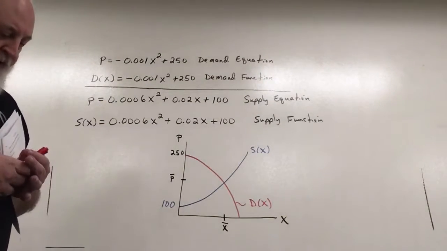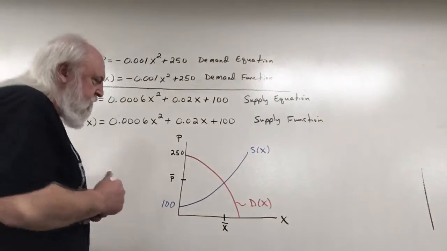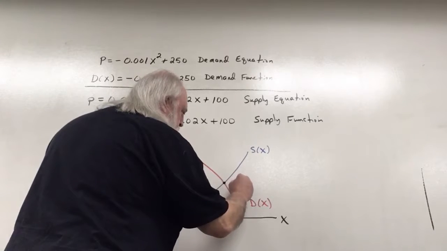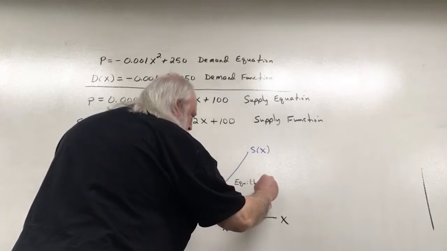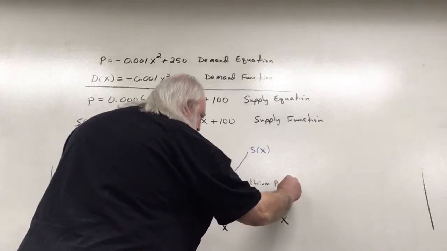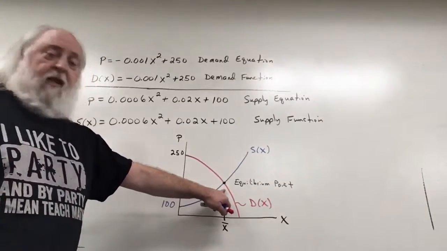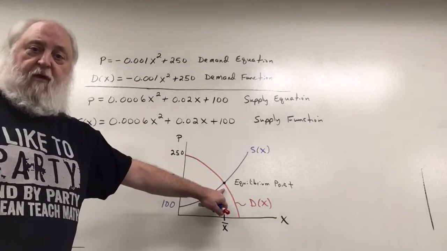Where the supply function and the demand function intersect is called the equilibrium point in microeconomics, and that's where the quantity supplied by the company equals the quantity demanded for its good.